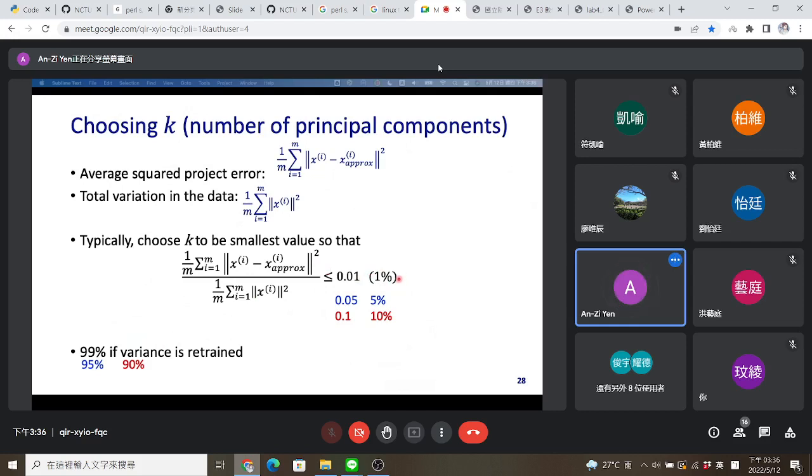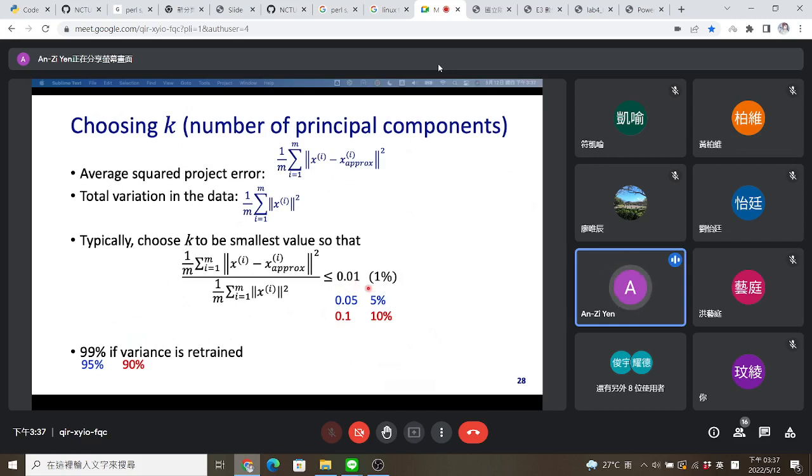Or some people may think about it not as choosing k, but as choosing whether the ratio is lower than the defined value, like 0.01 or other values.